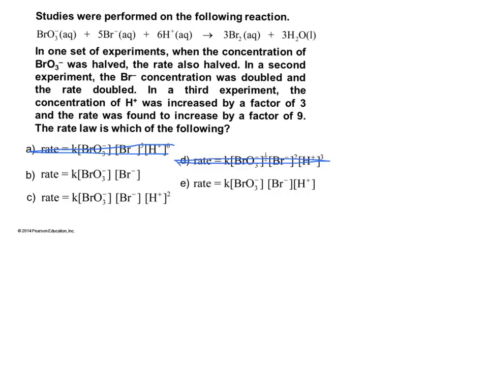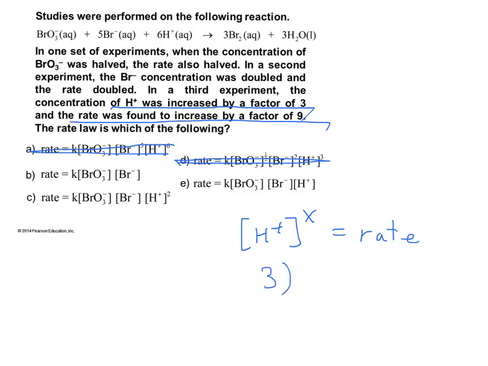In a third experiment, the concentration of my hydrogen ion was increased by a factor of 3. The rate was found to increase by a factor of 9. So I have my hydrogen ion to the x power equals a rate. When I increase my hydrogen ion concentration by a factor of 3, my rate increases by a factor of 9.